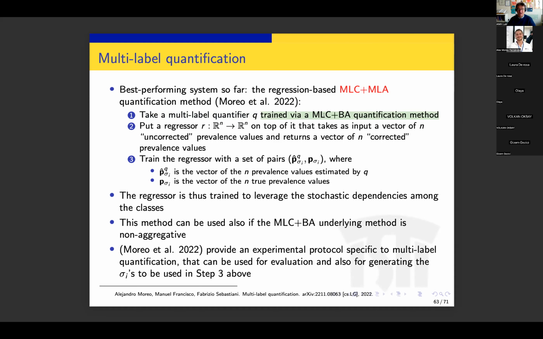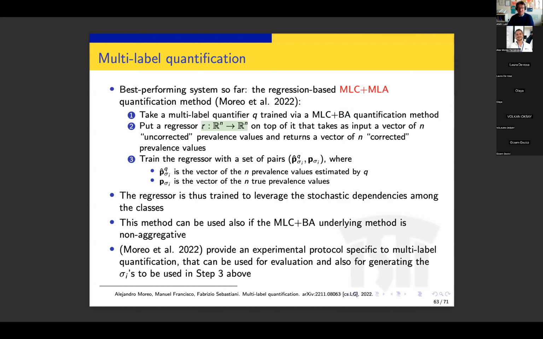So we take a truly multi-label classifier, as there are several in the literature, and we apply to it a binary aggregation system, such as the ones that we have seen in the past class, say the Saerens-Latinne-Decaestecker algorithm, SLD. After this, we put on top of it a regressor.